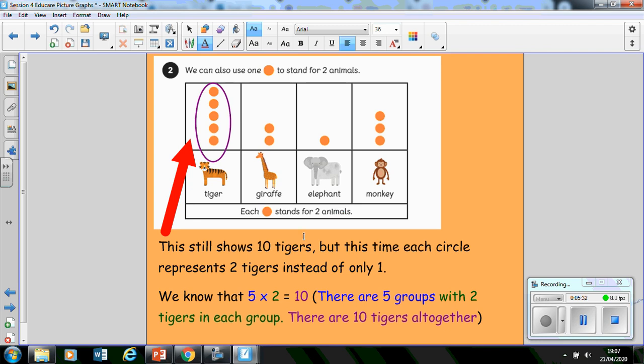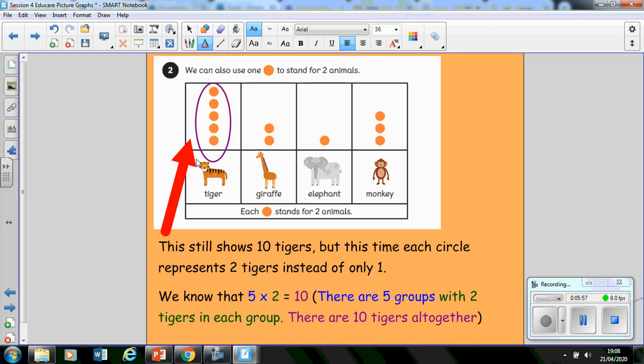Today we are going to use the dot or the spot to stand for two animals. So that means you've got to think carefully about how you're counting up. We've got the same amount of groups: the tiger, giraffe, elephant and monkey. So the animals that Charles spotted in the zoo.